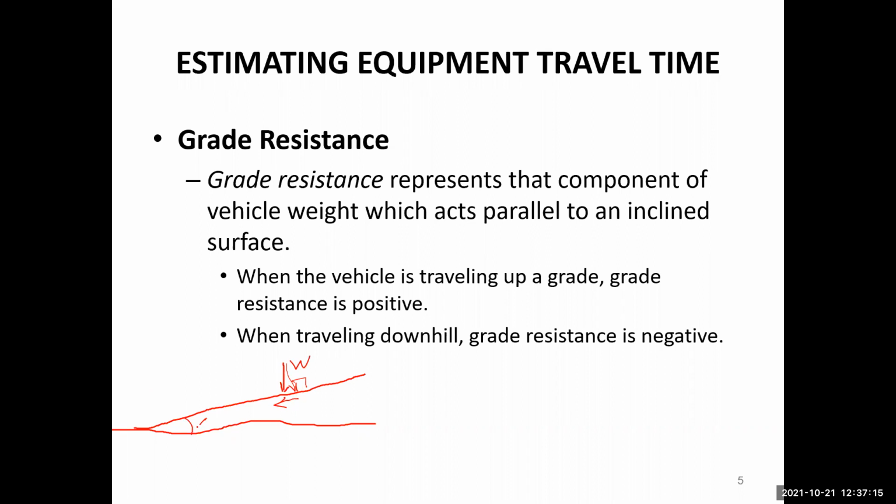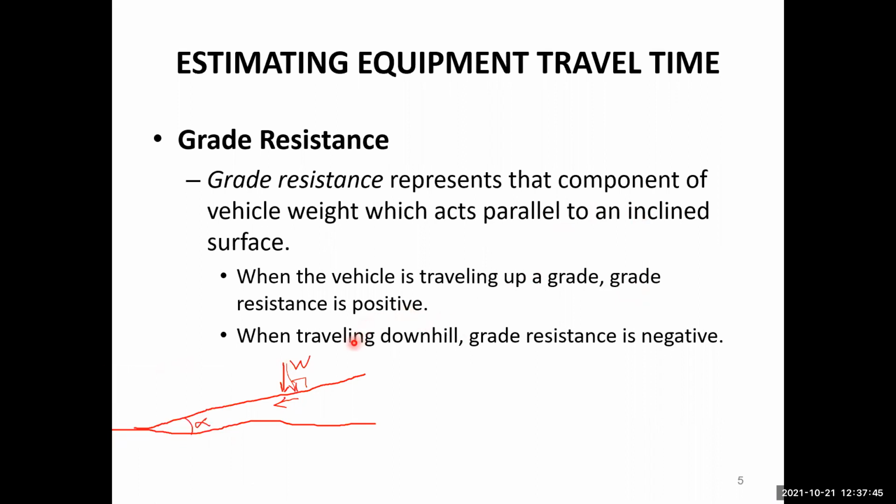Okay, this angle alpha or beta, whatever will be the angle. The component of the weight which will be parallel to the inclined surface, that will provide the grade resistance. So when the vehicle is traveling up a grade, the grade resistance is positive.